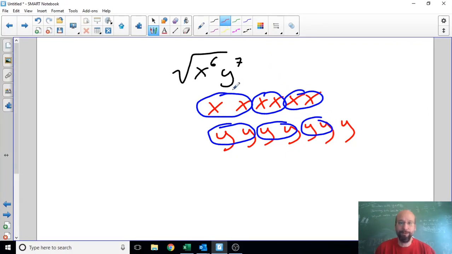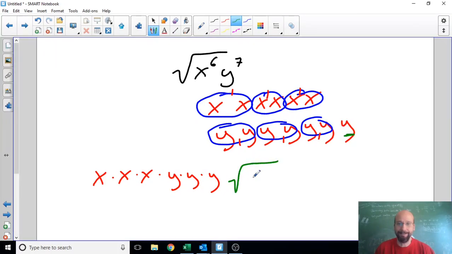And for every group of 2, bring 1 to the outside. So there's 1 x, there's another x, there's another x. Then I have a y here, I have 1 y here, I have 1 y here. And then left over all by itself is this y, and since it doesn't have a partner, it doesn't have a pair, it stays in. So x times x times x is x to the 3rd, y times y times y is y to the 3rd, and then it's root y.